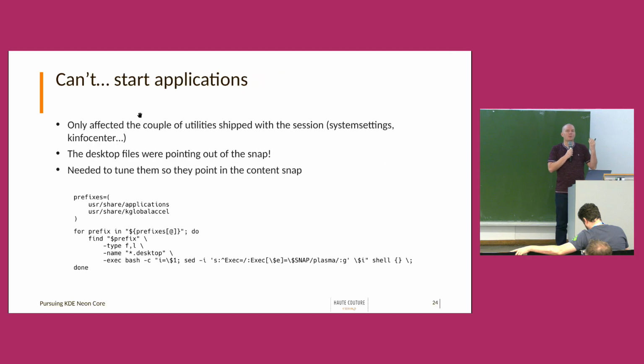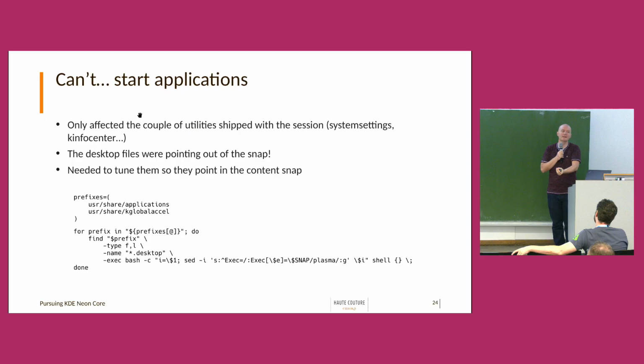Also, we ship inside of the session a couple of applications, so think System Settings, think KInfo Center. For those we have desktop files, and those desktop files we build in a prefix, right? But because of the snaps, you can have several versions of them. You don't exactly know the path. You cannot hardcode the path inside of the desktop file like we do during our build.